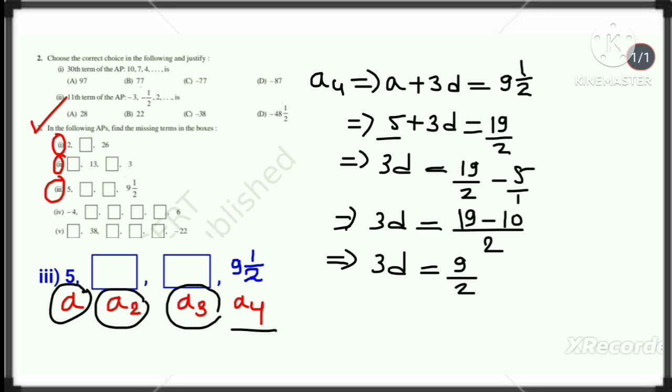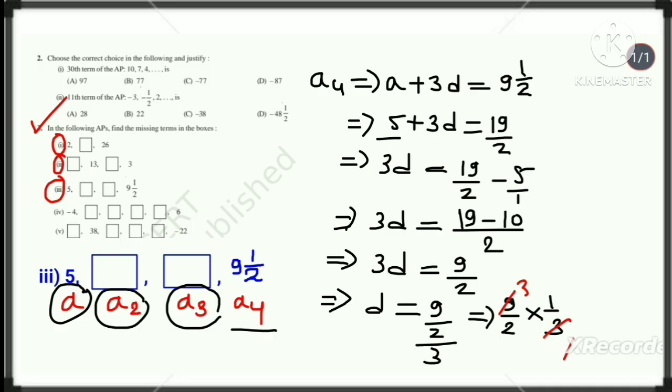Now d equal to 9 by 2 by 3, and it can be written as 9 by 2 into 1 by 3, and 3 ones are 3, 3 threes are 9, and finally we have obtained d equal to 3 by 2.